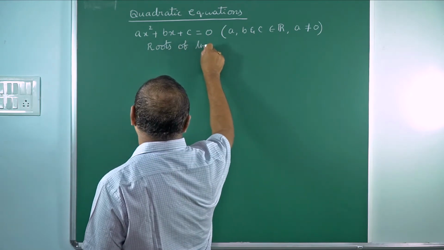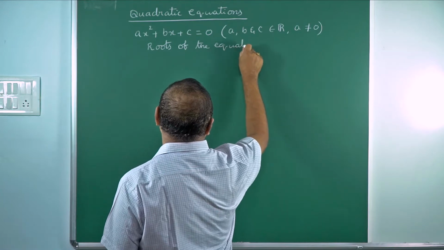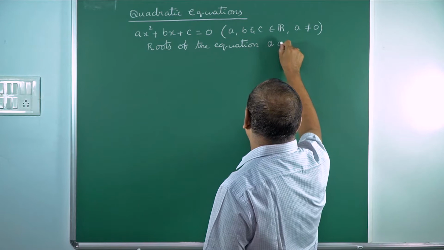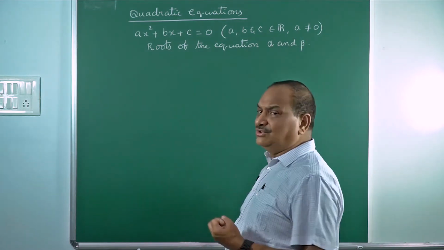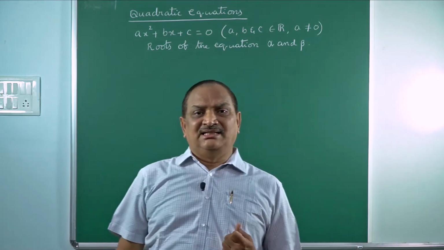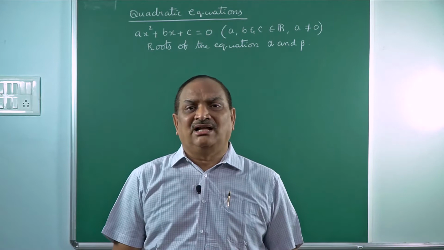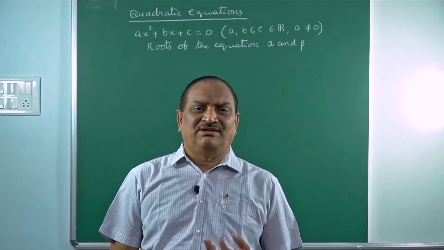Roots of the equation, generally we take alpha and beta for that. When do you say it is a root? In the equation, in place of x, if you substitute alpha, it should hold good. Then you say that alpha is the root of the equation.